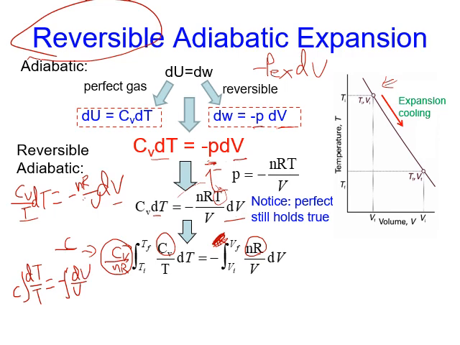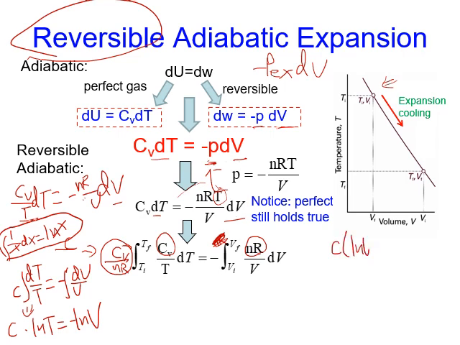All right, we know in math the integration of 1/x dx equals ln x, and therefore the left side will be C times ln T equals negative ln V. Now don't forget that you have initial to final, so here you have C times (ln T2 minus ln T1) equals, the right side should be negative (ln V2 minus ln V1), but because it's negative, you use ln V1 minus ln V2.